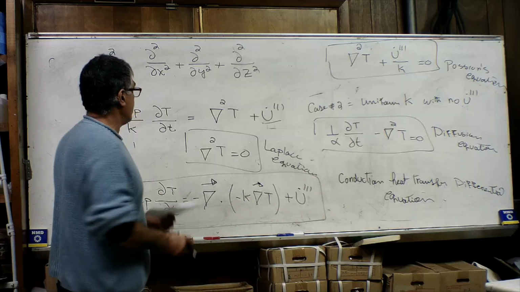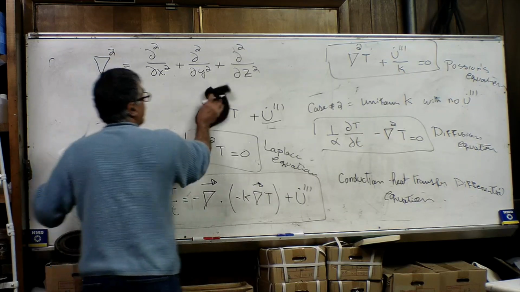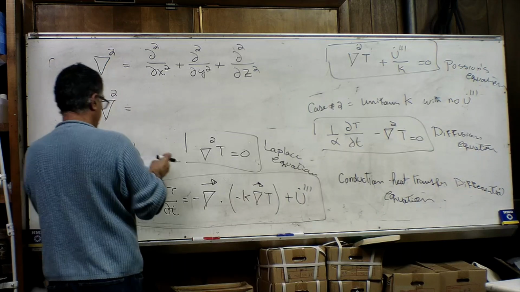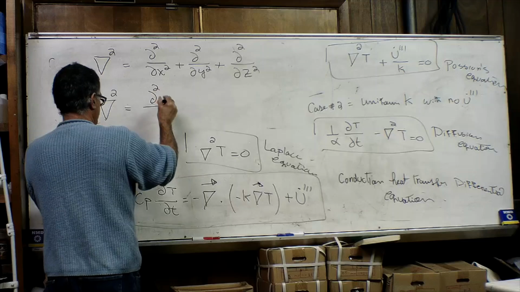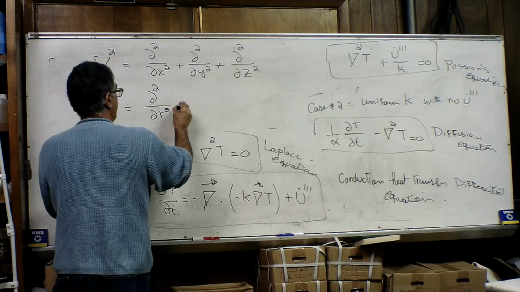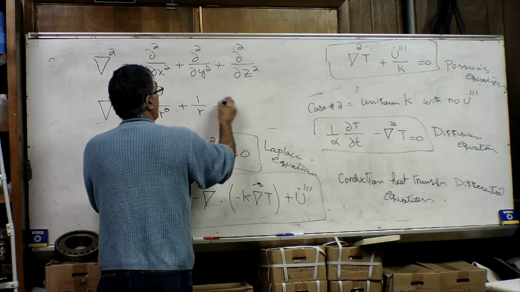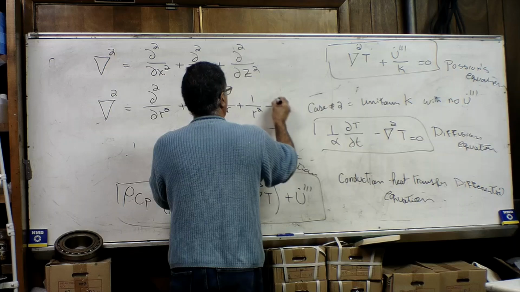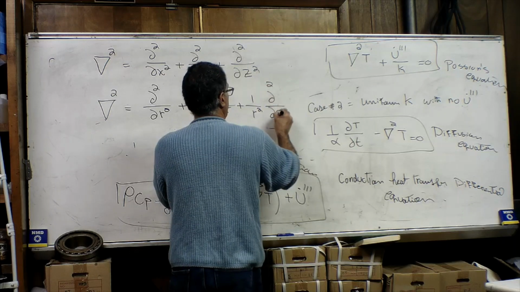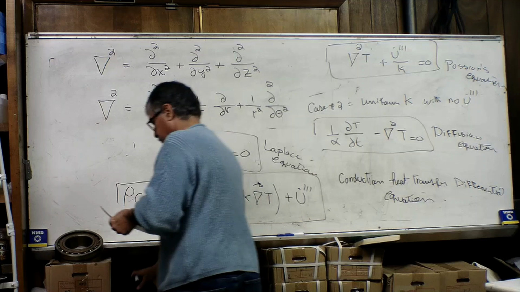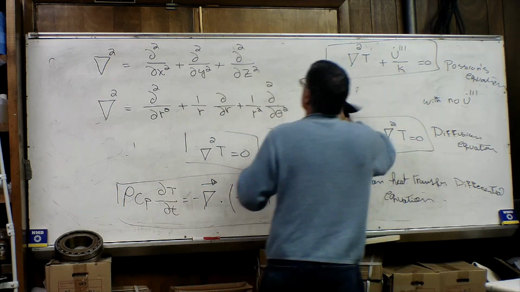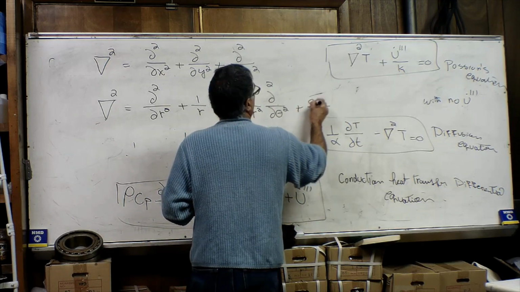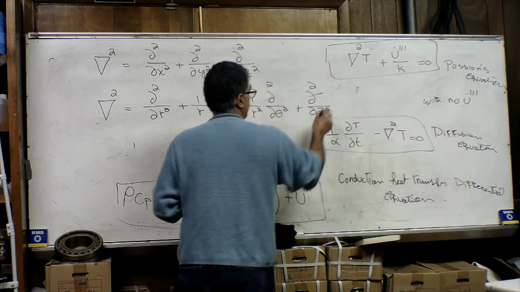If we need it in cylindrical coordinate system, del square in cylindrical coordinate system is partial square with respect to r square plus 1 over r partial with respect to r plus 1 over r square partial square with respect to theta square, and in cylindrical coordinates we know that our z-axis stays the same, plus partial square with respect to z square.